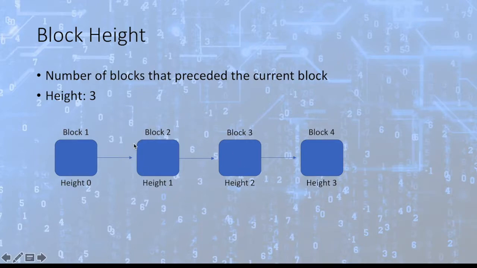And for our previous example, block number 3 was height 2. We can say that this fictitious blockchain has a height of 3, meaning that it has 4 blocks. It's just saying that 3 blocks came before the current block.